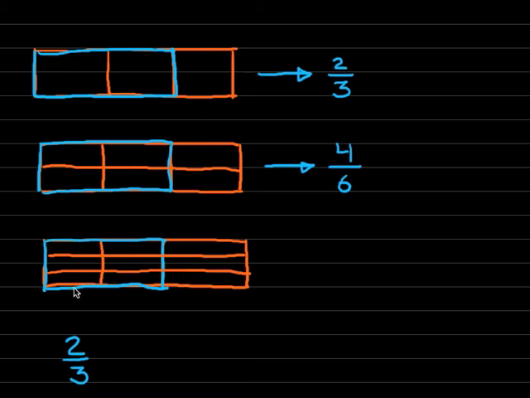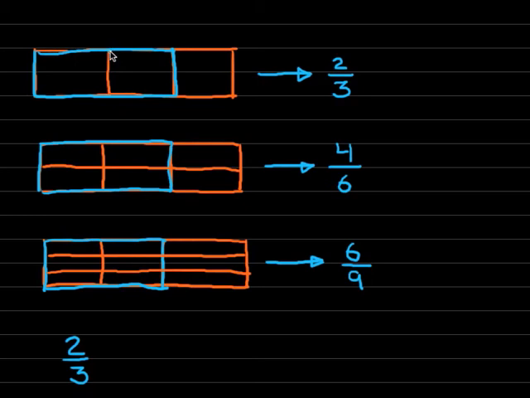The part I'm interested in, the 2/3 here, is made up of 1, 2, 3, 4, 5, 6 parts. So this is actually 6/9.